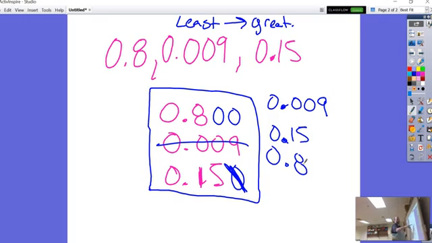So these are now in order from least to greatest. If I was going from greatest to least, it would be flipped around. So we went from this, to lining them up vertically with the decimals lined up, filling in so all the decimals have the same amount of digits, and then ordering it however it needs to be ordered.